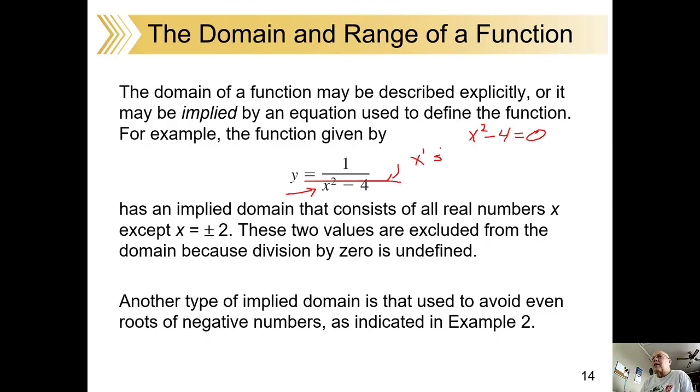So what this does is lots of these x's will work from the real number line. If you put a 5 in there, you can get an answer. If you put a 3,000 in there, you can get an answer. But we want to make sure this doesn't ever happen. So set the denominator, if it has an x, equal to 0.